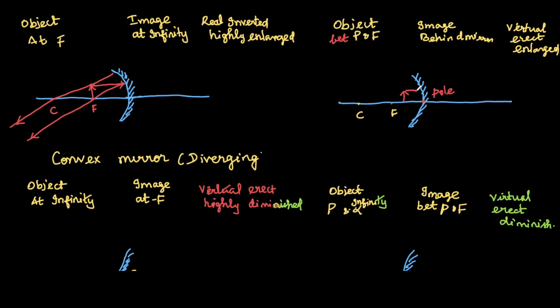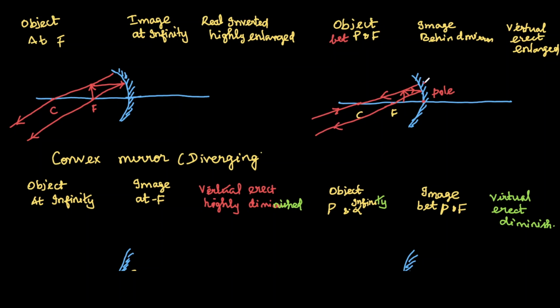The light parallel to the principal axis will be passing through the focus. Another light ray will be passing through the center of curvature. As it is reflected back in the same line, it does not intersect.